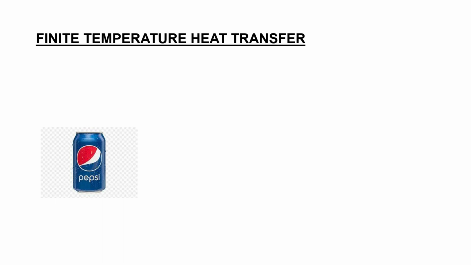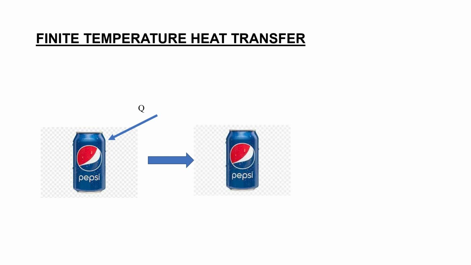Then you have finite temperature heat transfer. We have already seen the example of the Pepsi can. The Pepsi can gets cold because it absorbs heat from the surroundings. In order to reverse it back to its initial condition, you can do that, but you need to take heat from the Pepsi can with the help of a refrigerator. This refrigerator works with the help of external work.